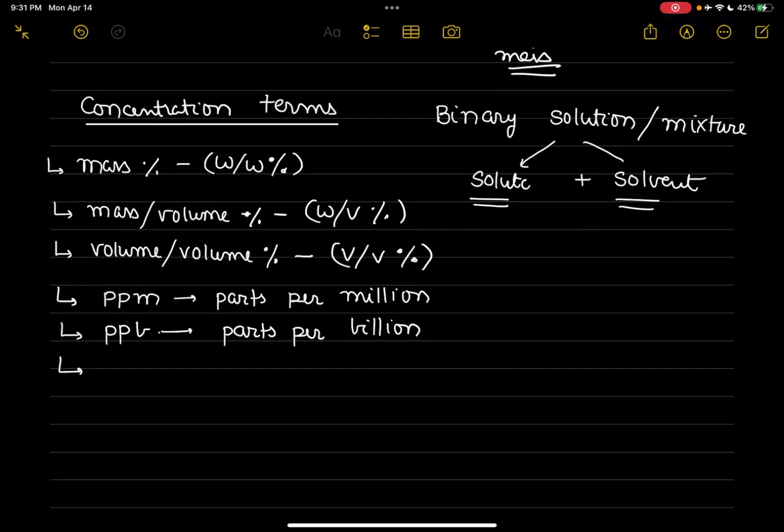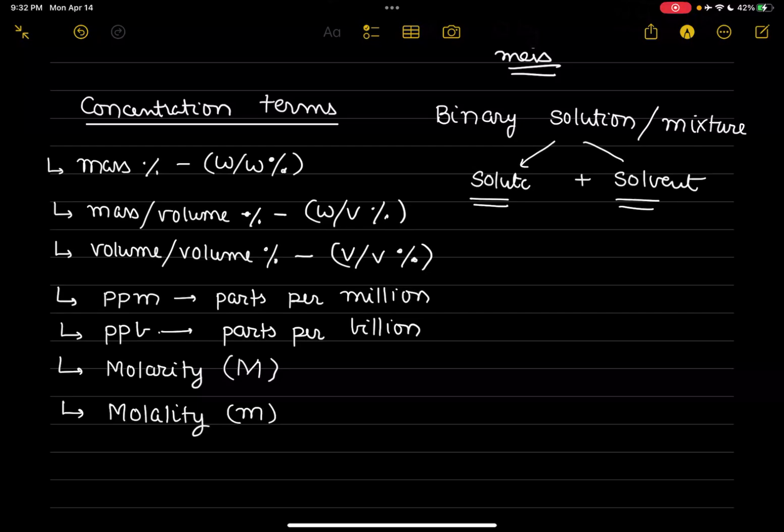I'm just writing a list of all the concentration terms. There is molarity, which is represented by capital M, and molality by small m. Molality is small m, molarity is capital M. Is it clear?